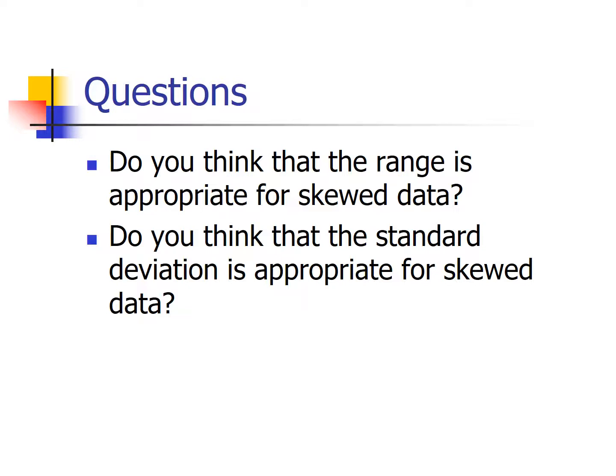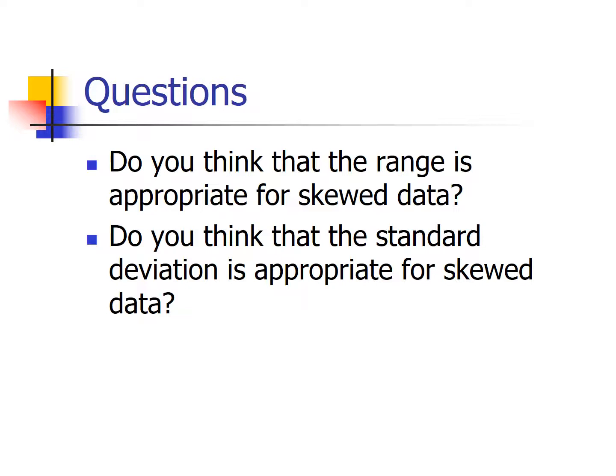Now I want to talk about this idea for measurements of spread. First off, do you think the range is appropriate for skewed data? To phrase it another way, do you think that the range is resistant? Yeah, exactly. There's no way that it's resistant. It's about as unresistant as something could possibly be.